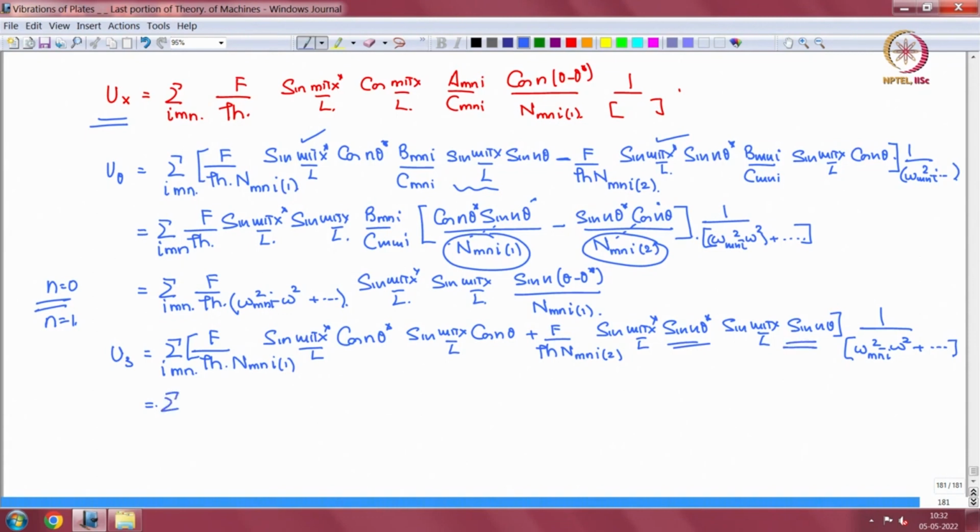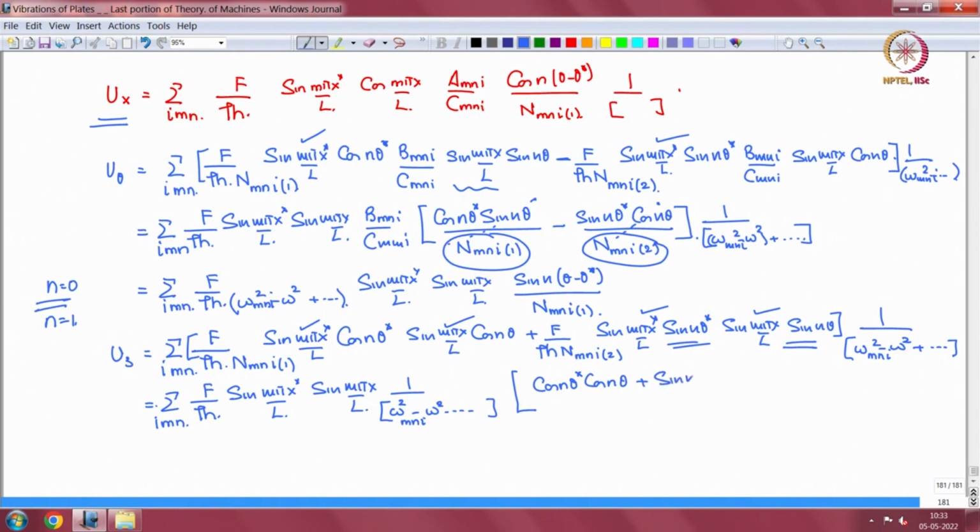So if I do I m n f by rho h, this is common, this is common, so sine m pi x star by L sine m pi x by L into the frequency term 1 over omega square m n I minus omega square etc. into cos n theta star cos n theta plus sine n theta star sine n theta, this divided by n m n I 1, this divided by n m n I 2.